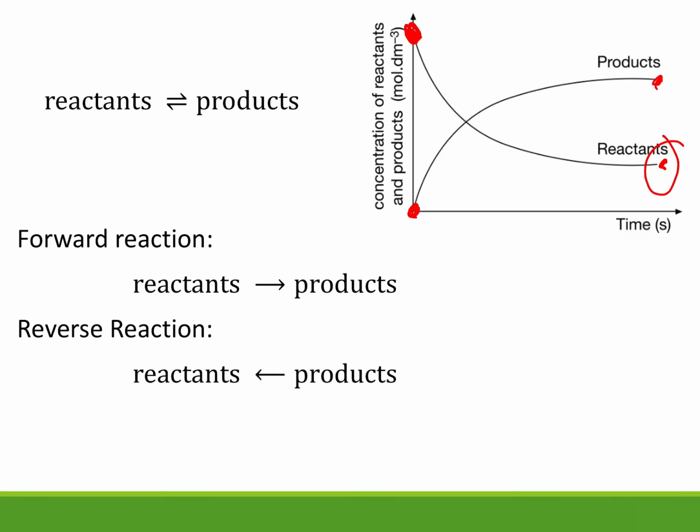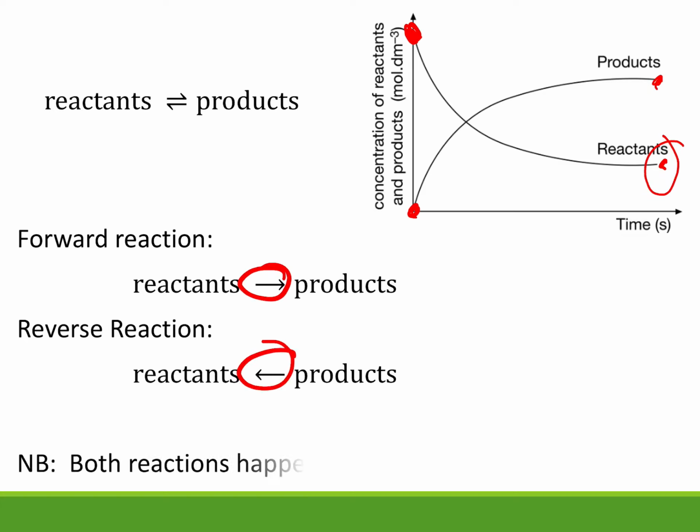So these are the two halves of what's going on in a chemical reaction. Now, what's important with the reversible reaction is that both happen simultaneously, so they happen at the same time. Once the reactants start making products, the products automatically and naturally become reactants. It has to happen all by itself. It doesn't need us to help them do that.